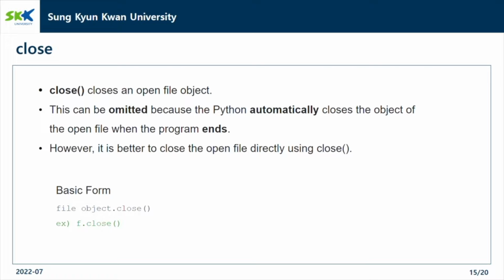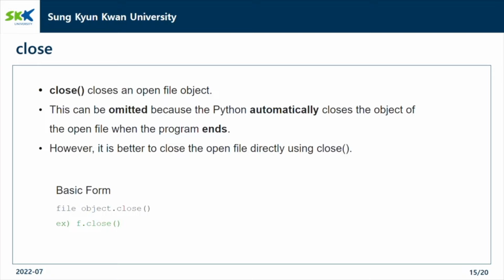Next, let's learn about how to close a file in Python. First, there is a close function. It closes an open file object.